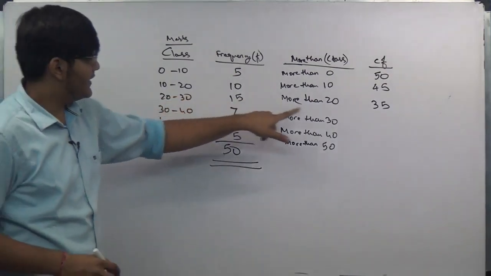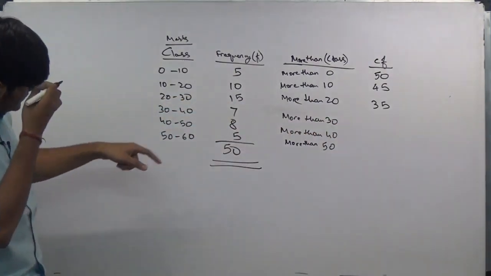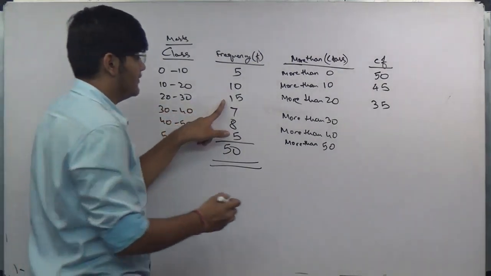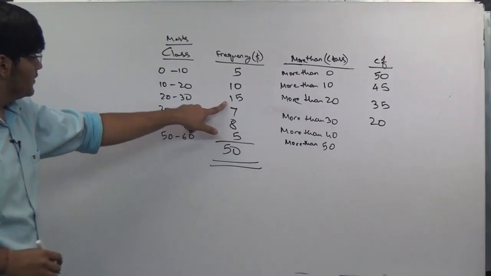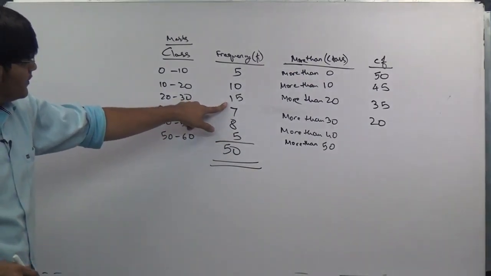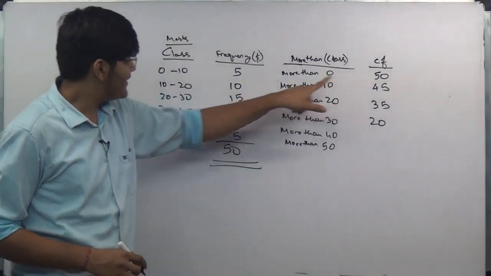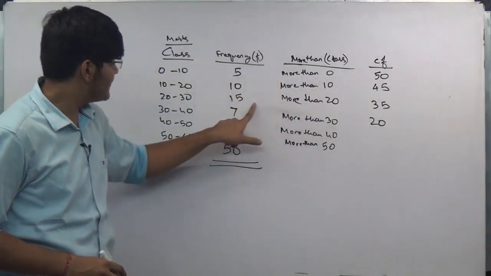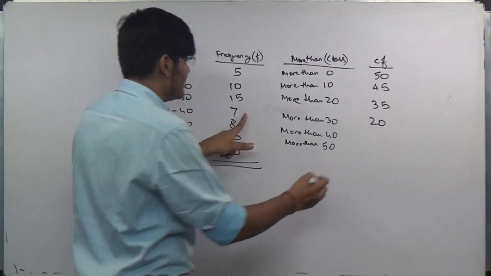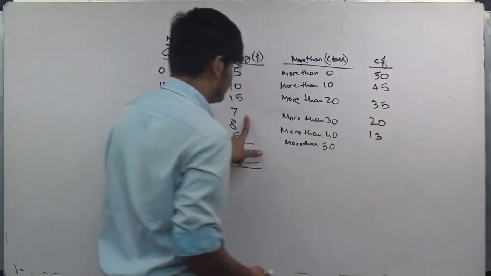Then 35 minus 15. First one is 50, 50 minus 5, 45, 45 minus 10, 35, 35 minus 15, 20, 20 minus 7, 13.